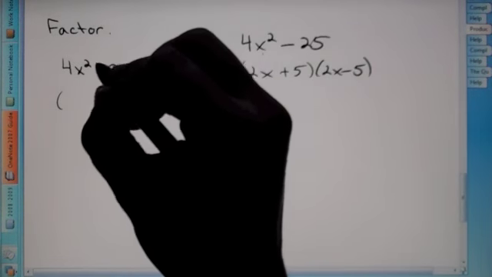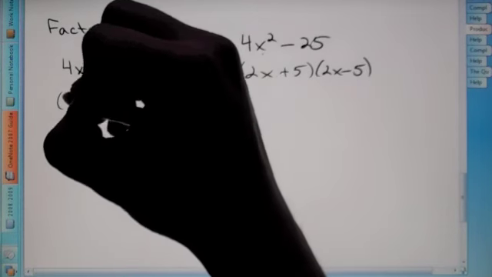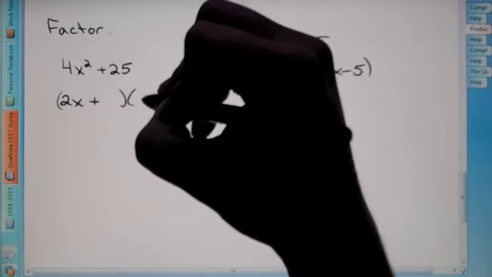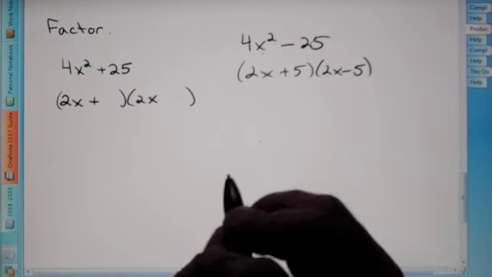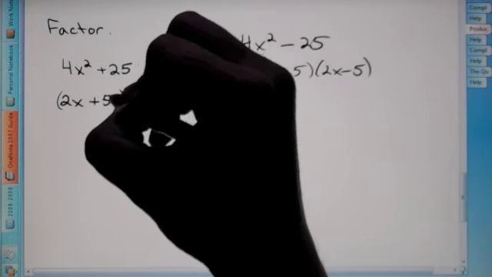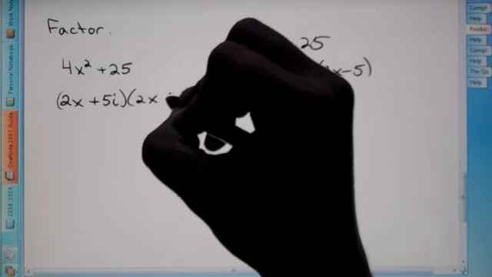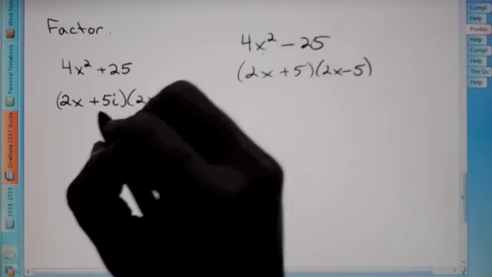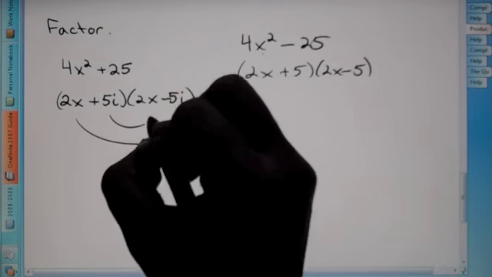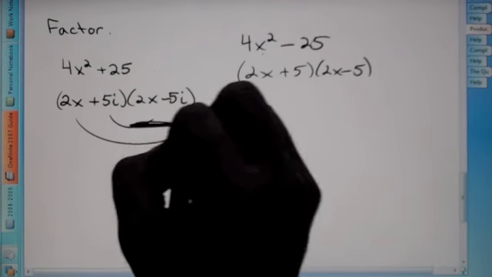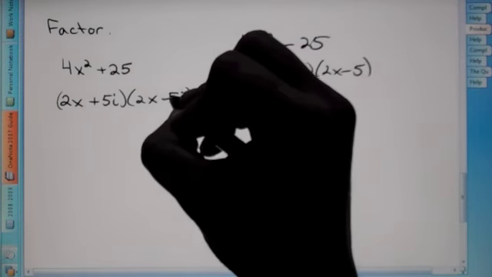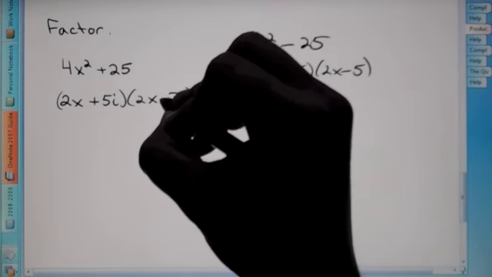It's just since there's a plus, the thing to remember is that when you factor it out, this is going to be 5i. So plus 5i, minus 5i. So you still have opposite symbols so that the outer and inner can cancel each other out.